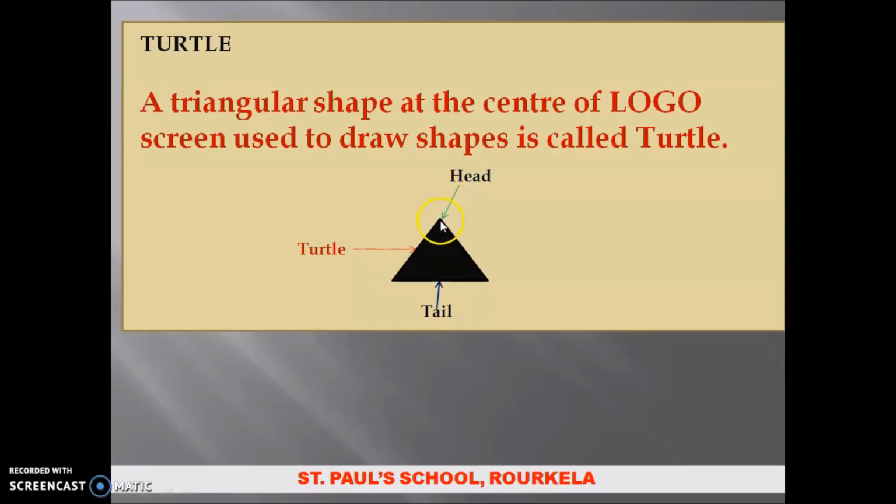Now this upper part of this turtle is known as a head, and this lower part of the turtle is known as a tail. So whenever you are giving the command, either it can move in a forward direction, that is head part, otherwise it can move in a backward direction, that is from the tail part. And this total thing is known as a turtle.